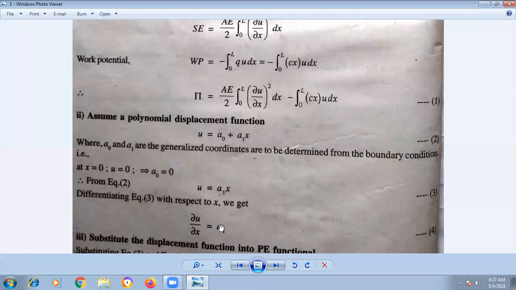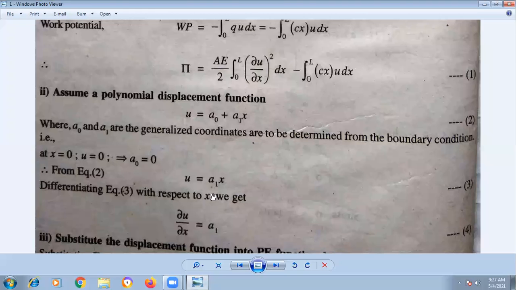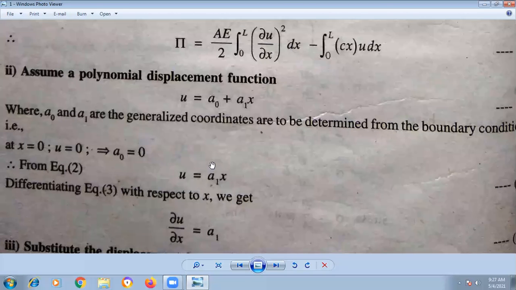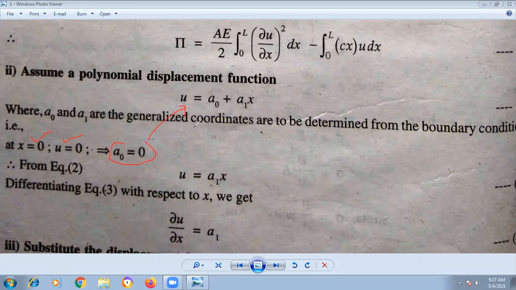What is it? When we substitute the condition x equal to 0, u becomes 0. Obviously, in the equation, what will be 0? A0 will be equal to 0. u equal to 0 gives 0 equals A0 plus A1 into 0, so A0 is equal to 0.